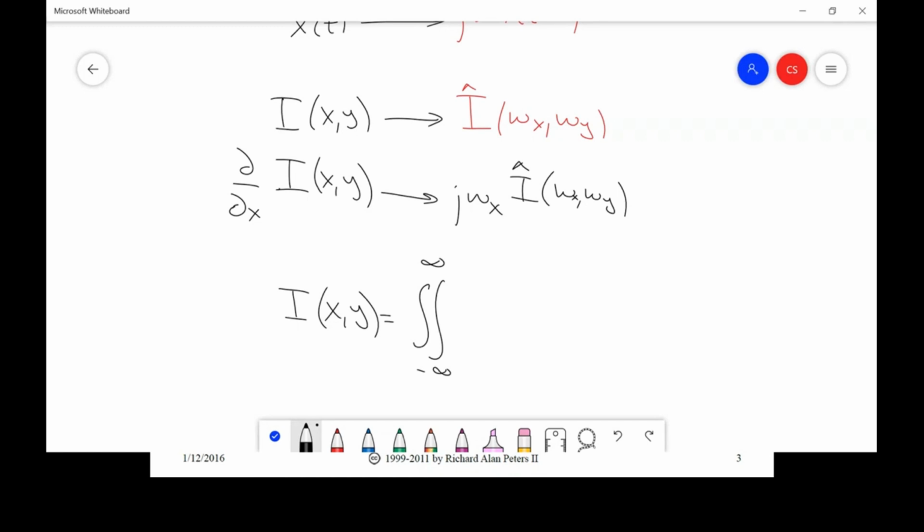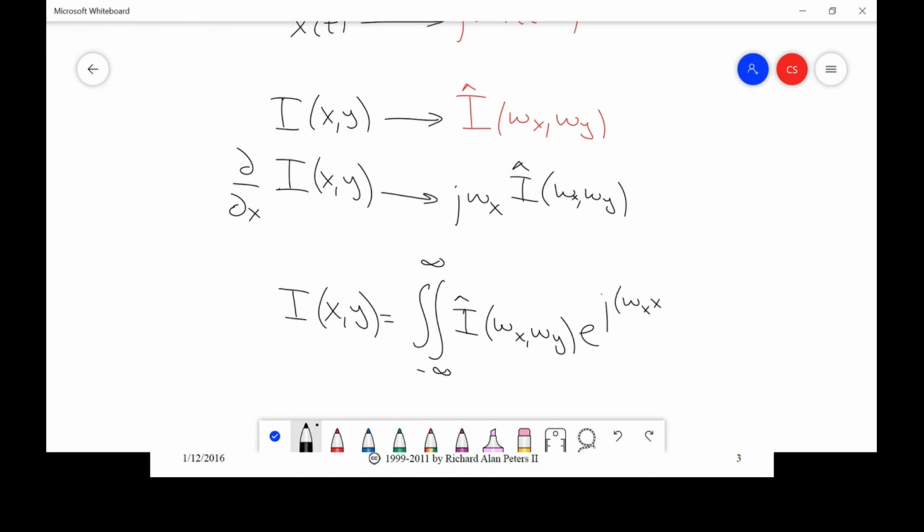These are continuous images, so this will be an integral, and then we have the Fourier transform, and then we have the inner product between the frequency vector and the space vector. I will write it explicitly.